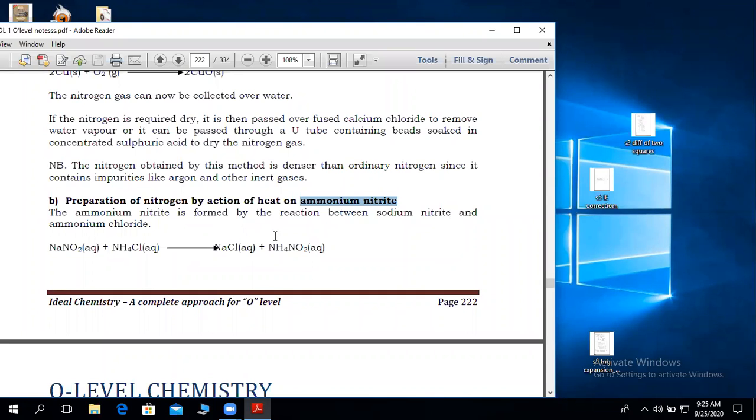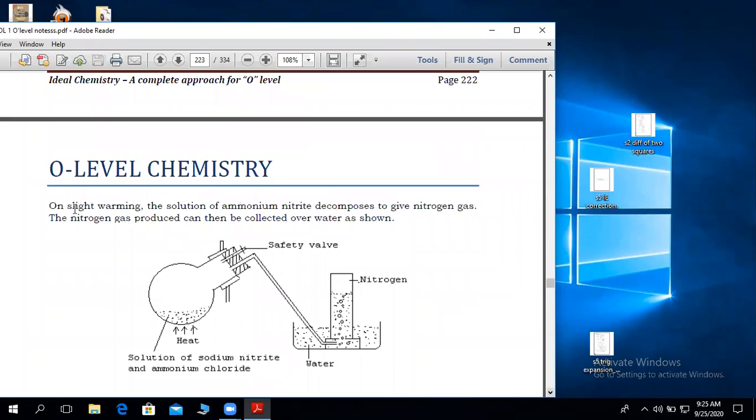When we do that, we form sodium chloride and ammonium nitrate. So this ammonium nitrate formed is the one that is heated, and it will give us nitrogen gas.